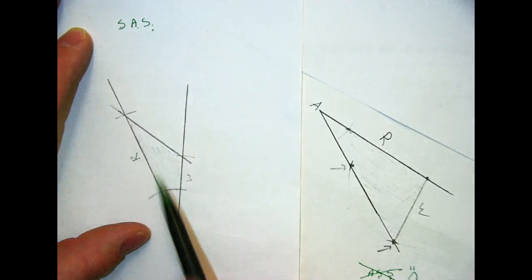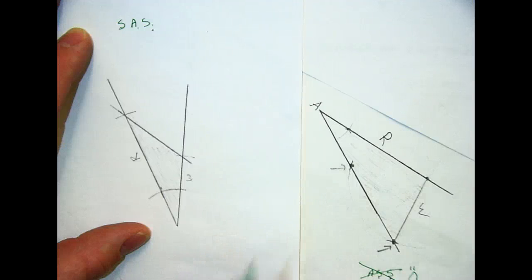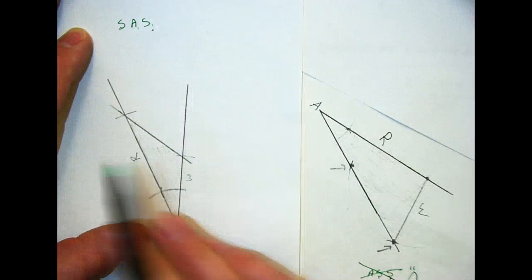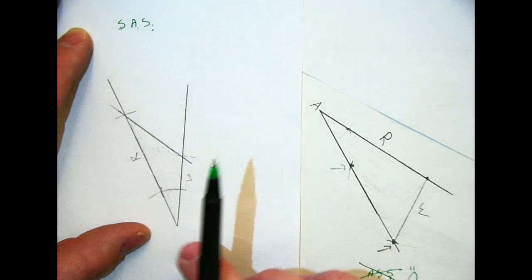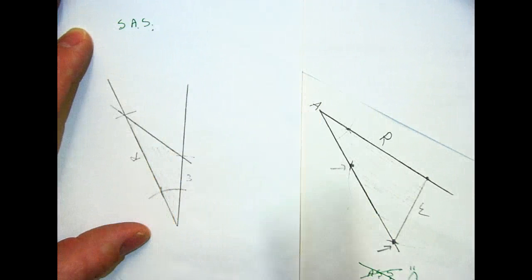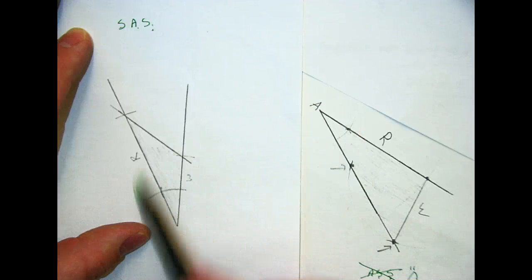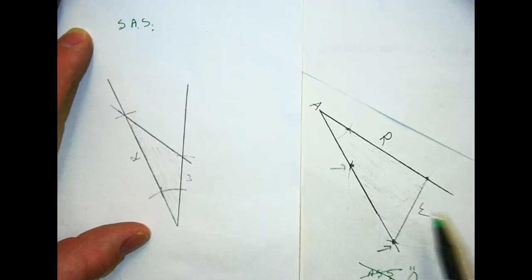Notice there are two ways to construct this. Now, I'm trying to make it kind of interesting so that you'll remember it. But the reality is you could have constructed this two different ways. One way is appropriate, one way is inappropriate. One way works, one way does not work.